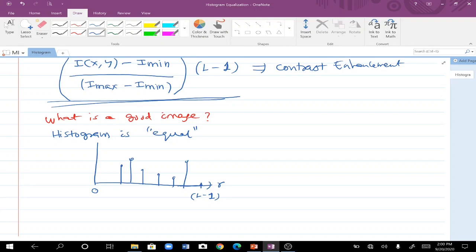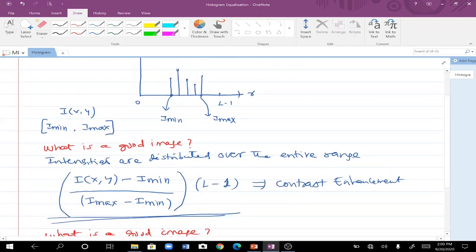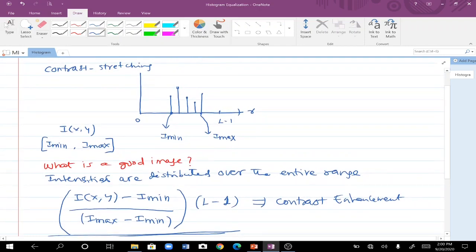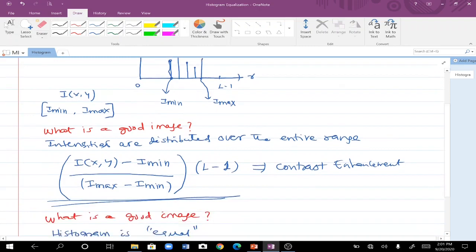So if you order them in increasing order of intensities, by the time you come to 50% of the pixels, you are somewhere in the middle of this histogram. In other words, while we are dealing with contrast enhancement, we are not concerned about absolute values or the distributions that you observe here in the y-axis of your histogram. You are just looking at the range of intensities that you could have.